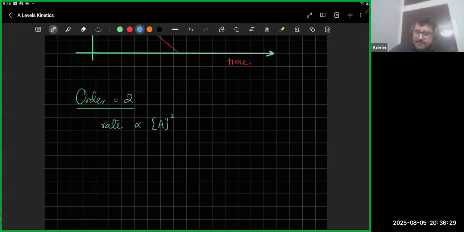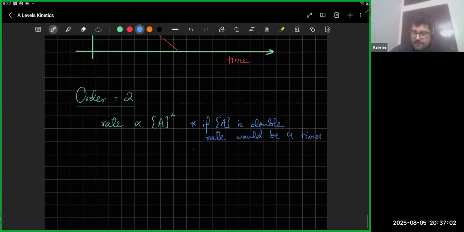Okay, what power 2 means is, इसका मतलब if you try to double the concentration, if A is doubled, then the rate would be 4 times. You double A and the rate would become 4 times. So it's overly sensitive. A ko chheda, the rate will go out of control.